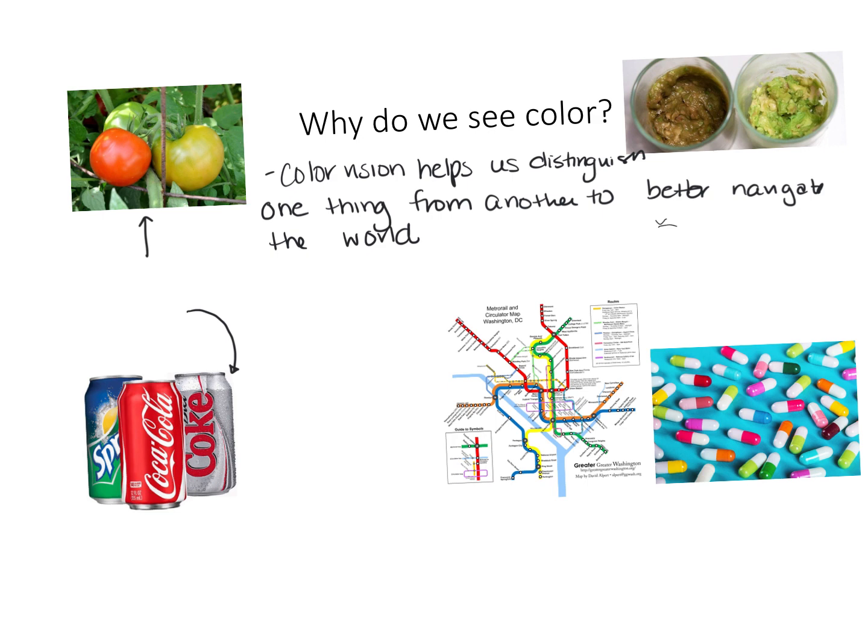And so colored containers make it so that we don't even need to read the label to know that we picked the right soda. This is a big trend in marketing. So, if I go to the grocery store and I want Diet Coke, I'm going to look for the silver can instead of the red can.